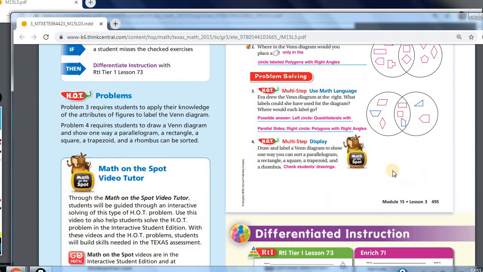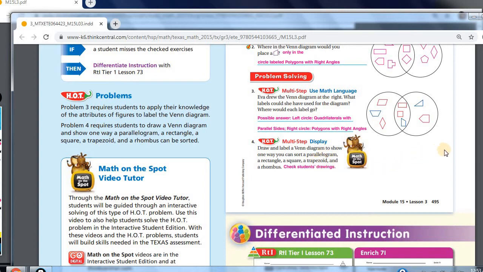Now the next one, we're going to see several different examples. But how would you label these in a Venn diagram? You've got a parallelogram, a rectangle, a square, a trapezoid, and a rhombus. Well, you can label them as polygons with parallel lines. That's one way, right?